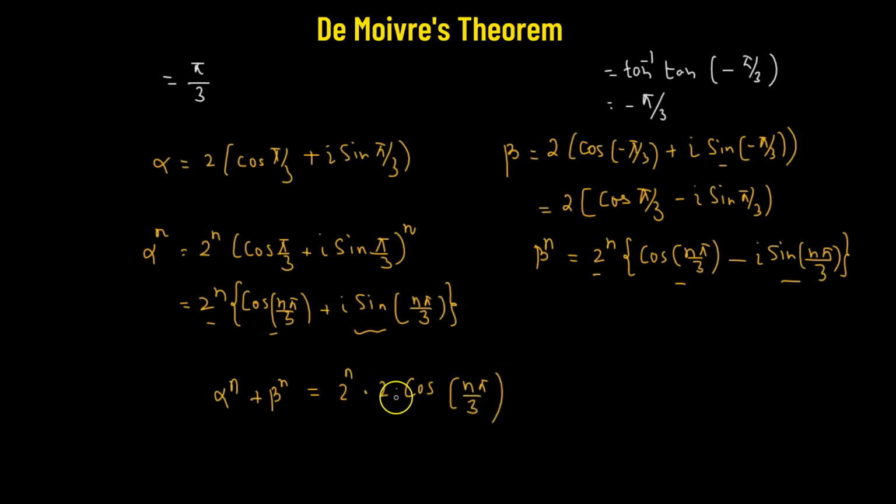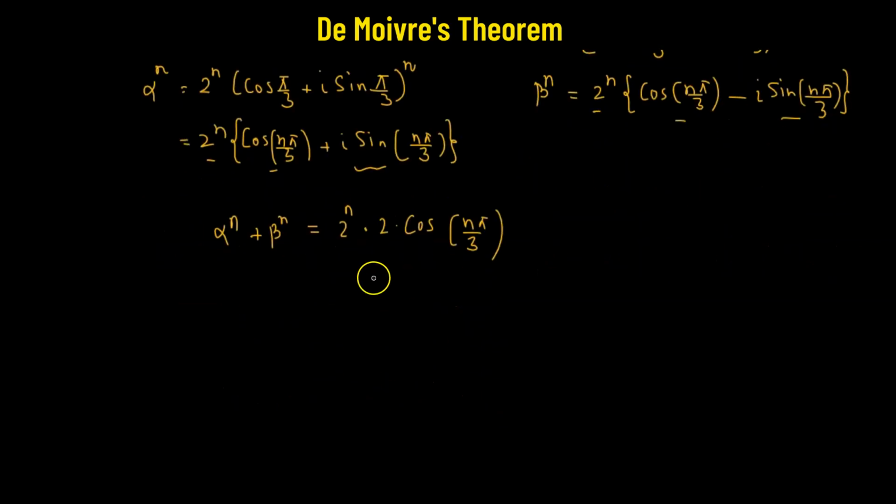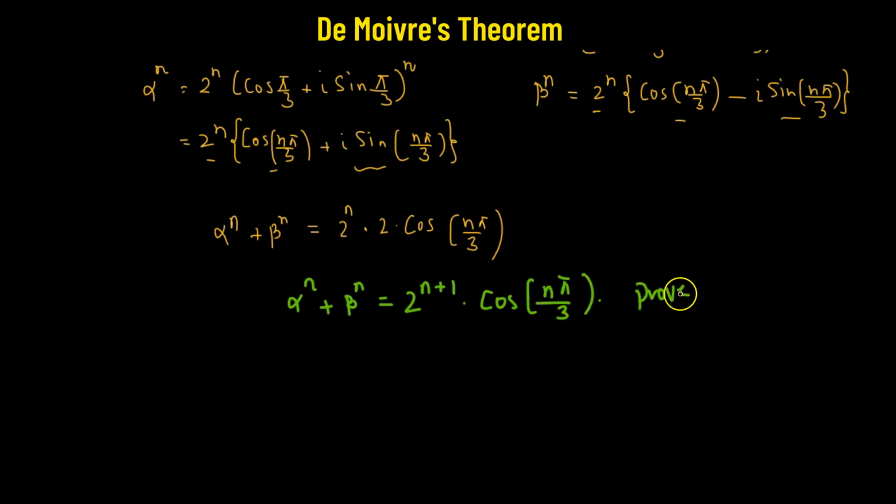So 2 raised to the power of n times 2 gives us alpha raised to the power of n plus beta raised to the power of n equals 2 raised to the power of n plus 1 multiplied by cosine of n pi over 3. So this is what we were asked to show, hence proved.